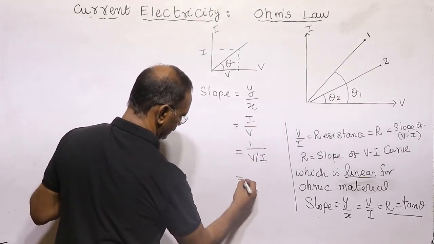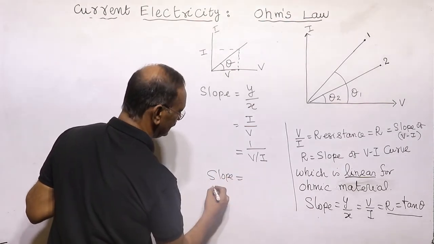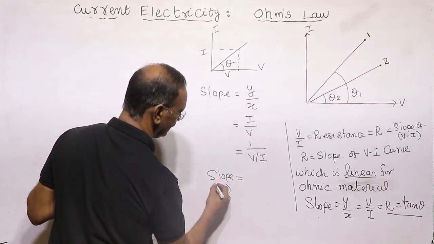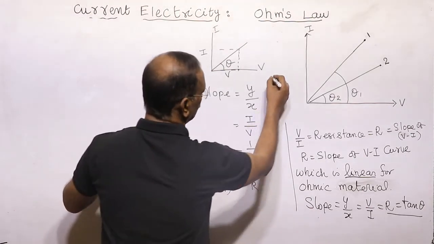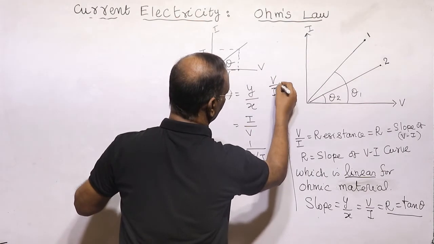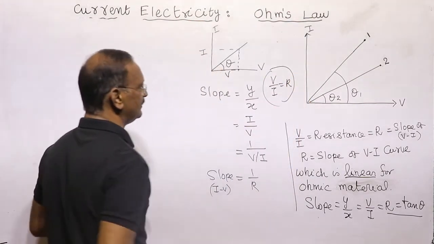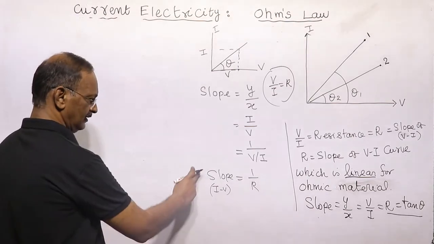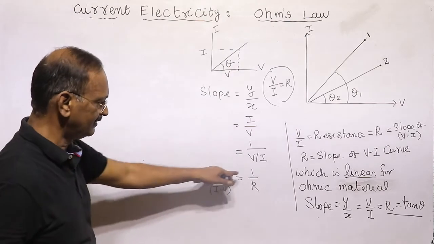And the slope of which graph? Here the IV graph, not the VA graph, is equal to 1 by resistance, because voltage potential difference by current is equal to resistance, which is Ohm's law. It means that for the VA graph, slope represents resistance.